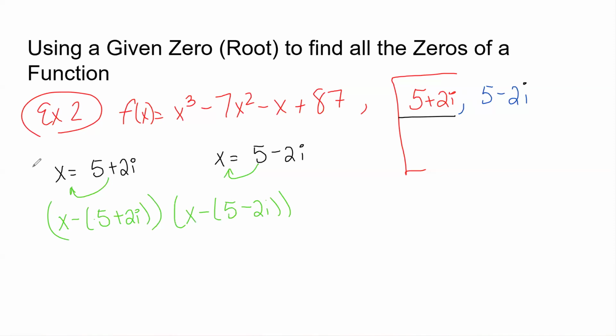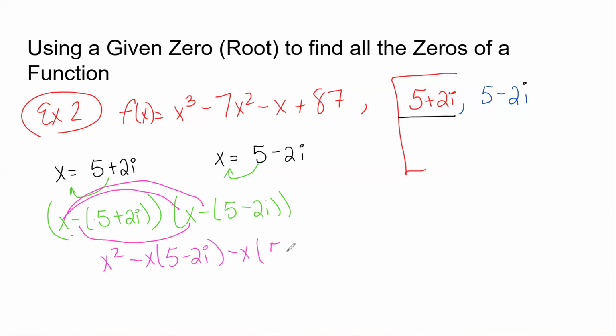And now go ahead and FOIL that out. It's going to be a quadratic, right? Because x times x will be x squared. This will be x times, so negative x really, times that parenthesis. And then negative x times the other parenthesis. And then negative times negative, so positive, parenthesis times parenthesis.